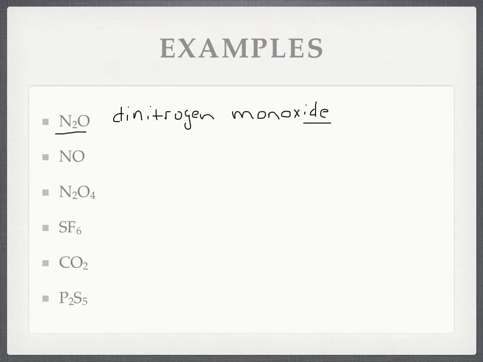Remember, we're always changing that last part to -ide. If we look at the second one, there's only one N. We used mono for the oxygen above, but we don't do it if it's the first element. So we would just call it nitrogen. This is going to be nitrogen monoxide.